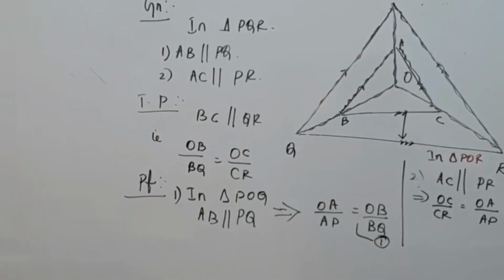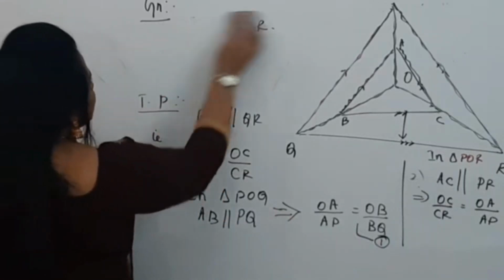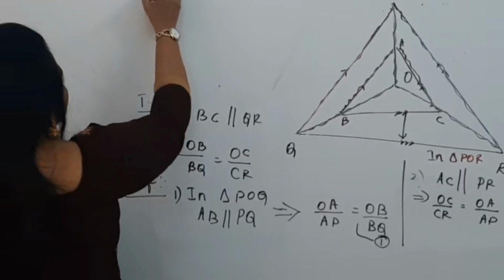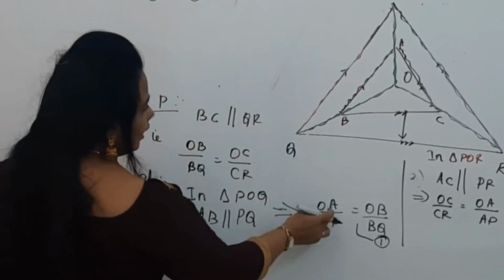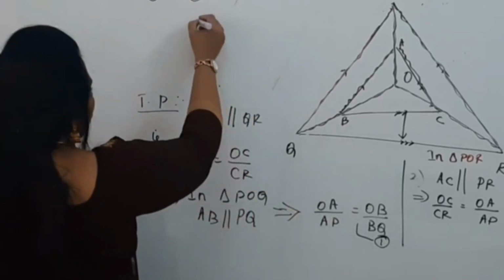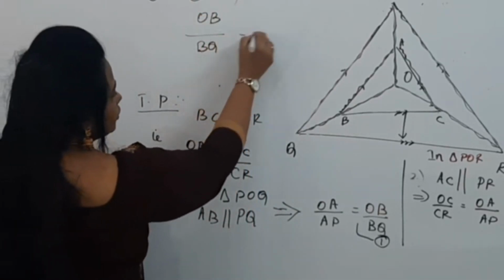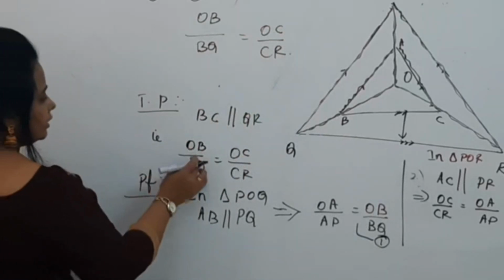So children, the first and second equation give you like this. 1 and 2 implies OA by AP on both sides, so OB divided by BQ is equal to OC divided by CR. So that is what you prove.